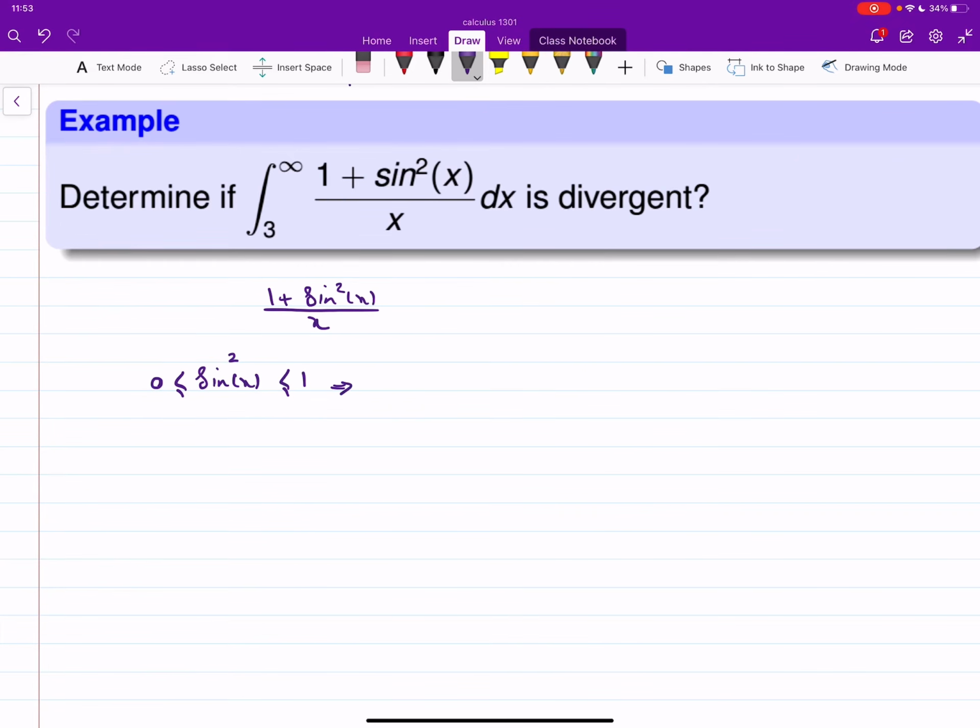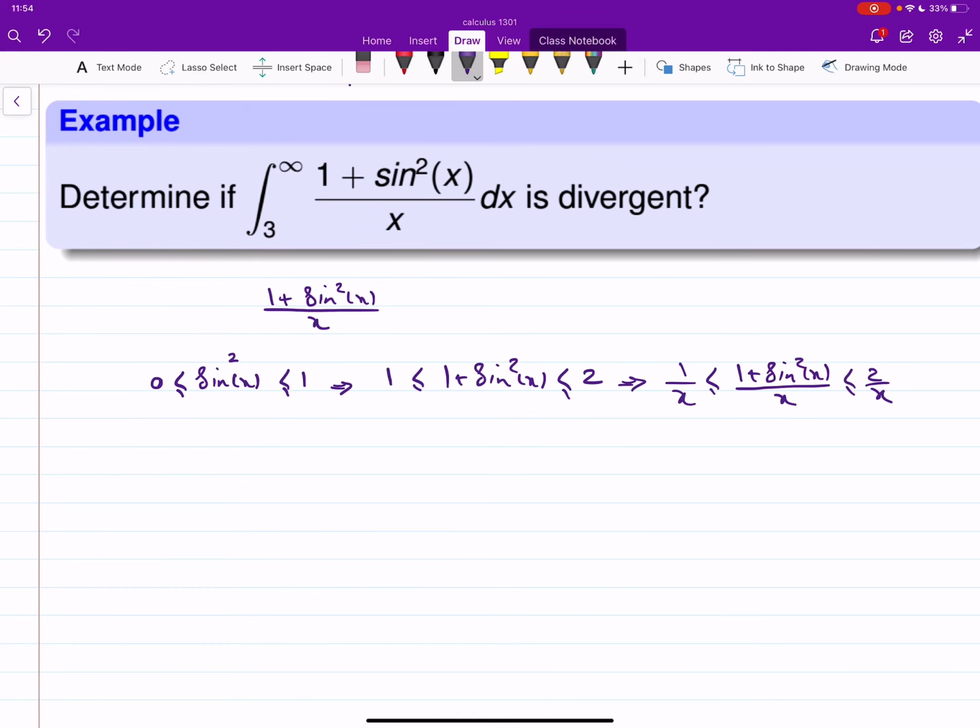Then from there, if you add 1 to all three sides, this will give me this value, yes? And then if you divide all sides by x, now I found my function is less than 2 over x and it's bigger than 1 over x.